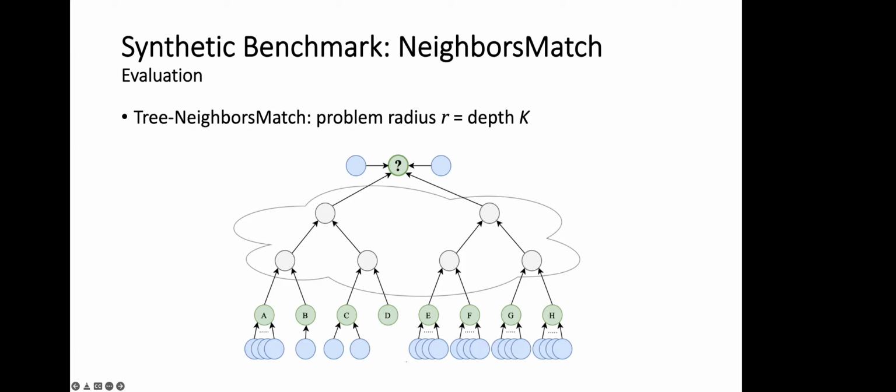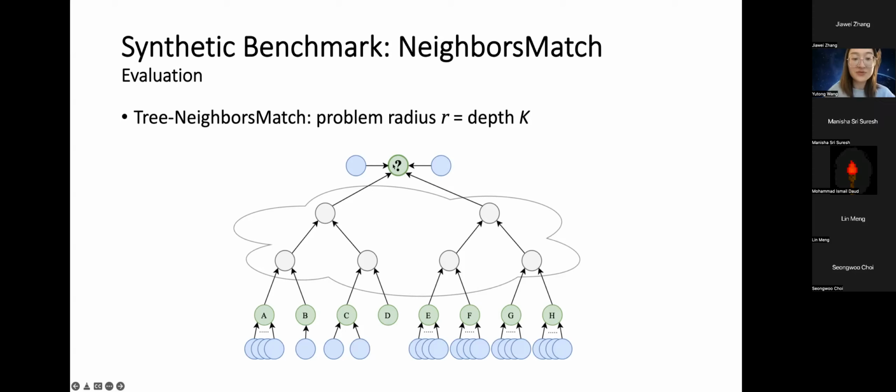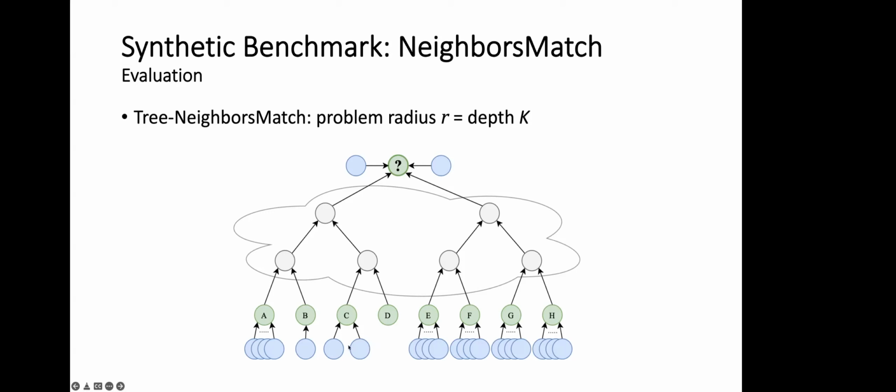So the goal is to predict the label of the root node with the question mark by learning the messages passed from all the leaves in this tree, where the leaves are the green nodes. So in this case, the label of the root node is C, which has two blue neighbors.